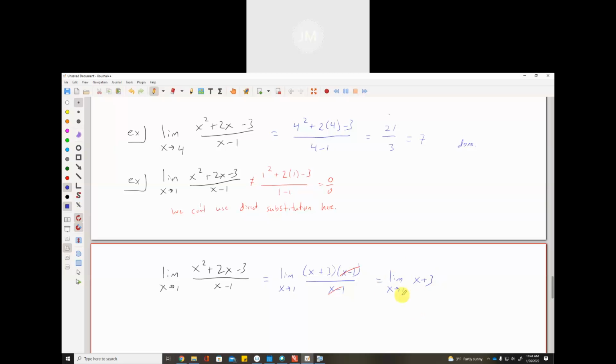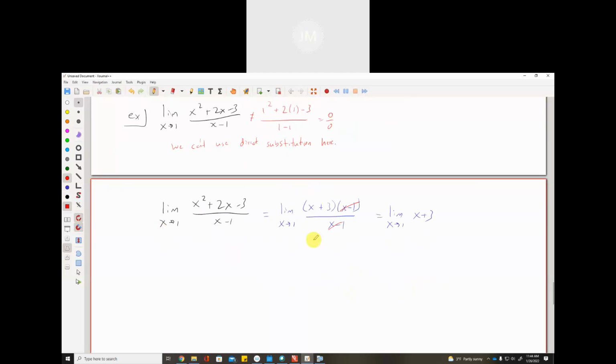And on this limit, I am allowed to use direct substitution. So I can't use direct substitution with the limit we started with.